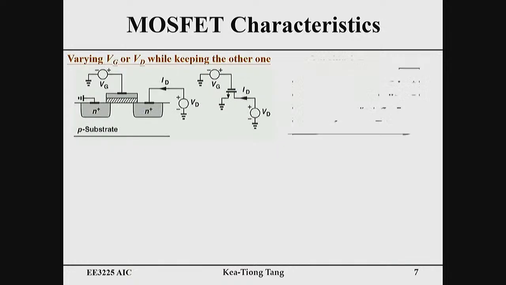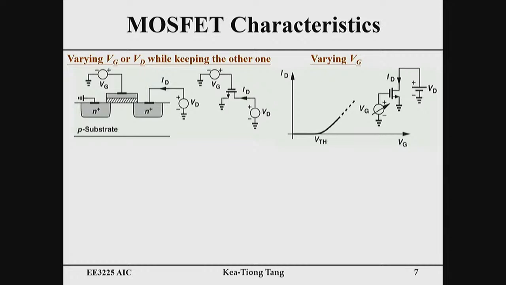And so we see that there are two terminals that we can use to bias this transistor. One is the gate terminal and another one is the drain terminal. If we fix the drain terminal so that we can have a constant electric field, then we increase gate voltage from 0.